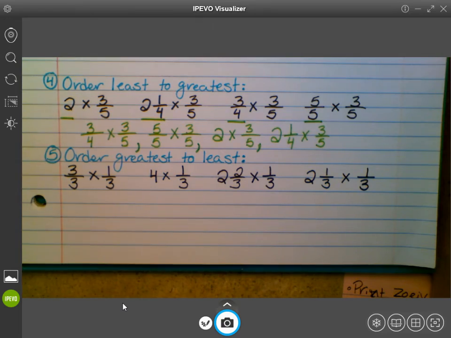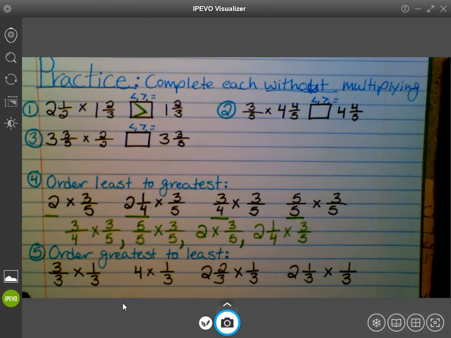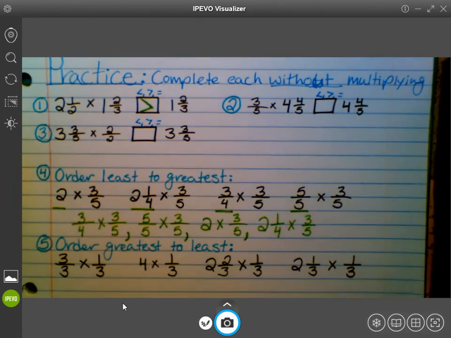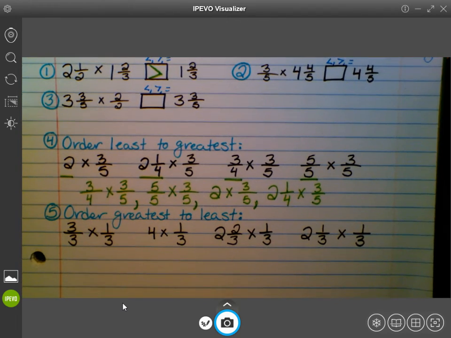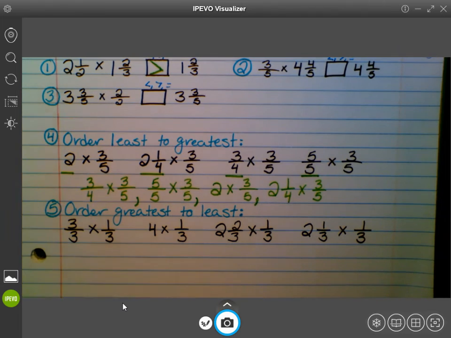Okay, I want you to solve our remaining 3 problems on your own. So number 2, 3, and 5. If you already solved them, great, but you need to be quietly working at your desk while everyone else has a chance to solve them. Thank you.